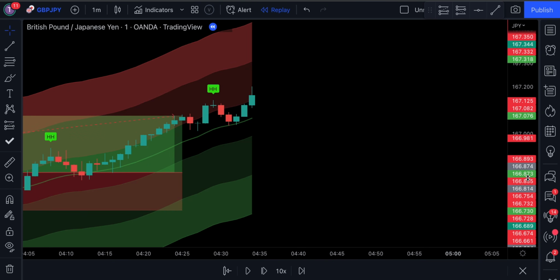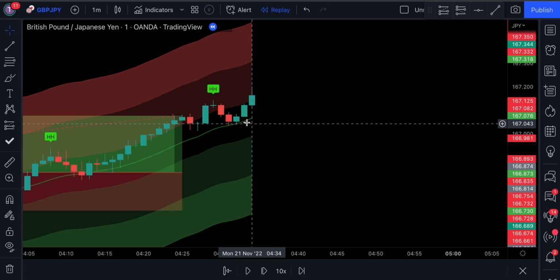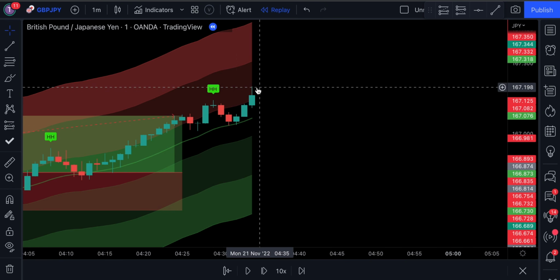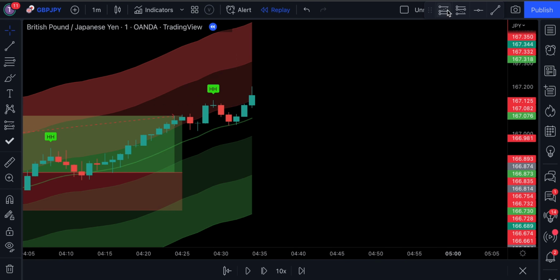Alright, here's another example. We see the baseline is green color. The price action made a pullback into the baseline. The candlestick touched the line, yet it didn't cross and close below it. Then we see the price action entered the red cloud, and the current price is higher than the recent higher high.